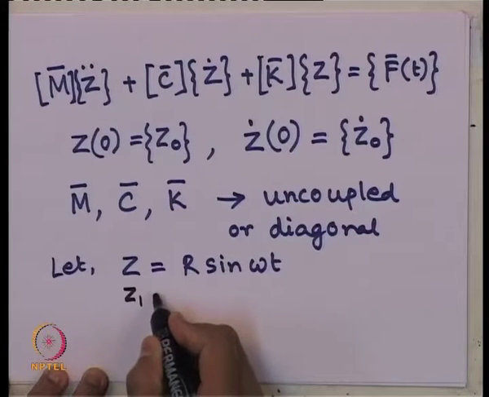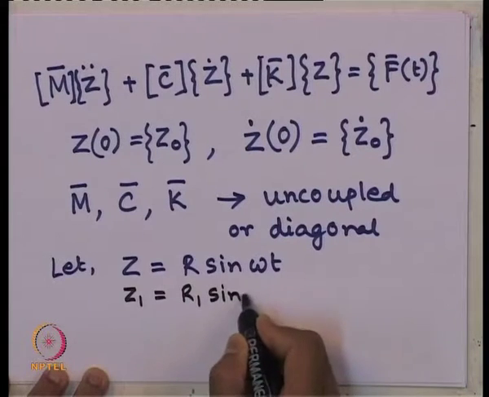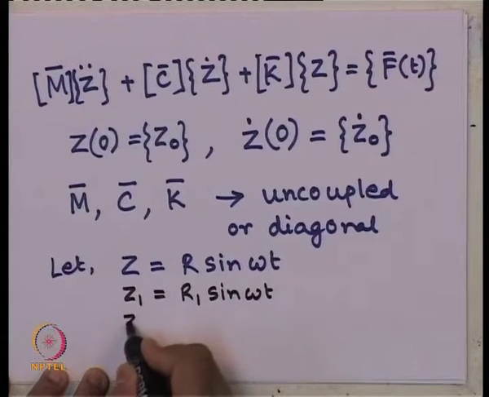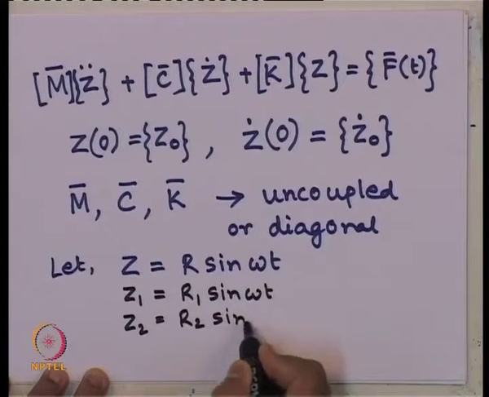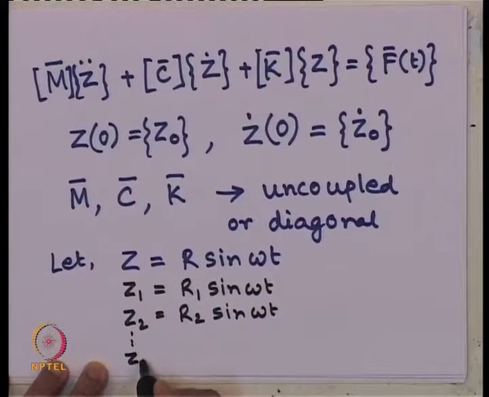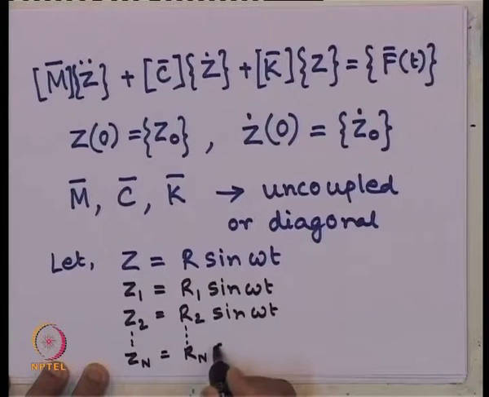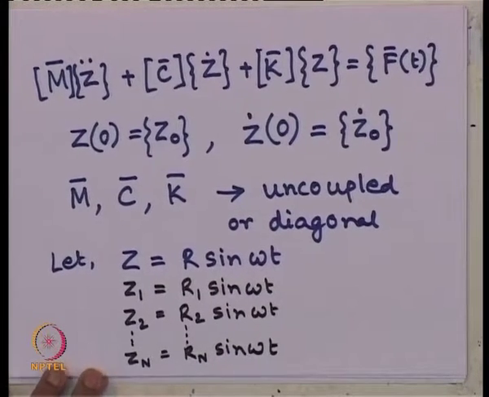So, we have z 1 is equal to r 1 sin omega t, z 2 is r 2 sin omega t, similarly up to z n will be r n sin omega t. These are assumed forms of solution.